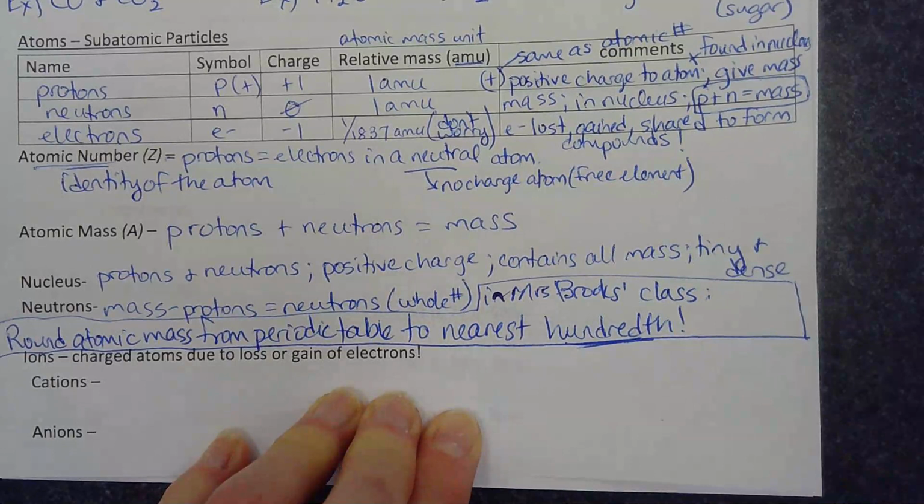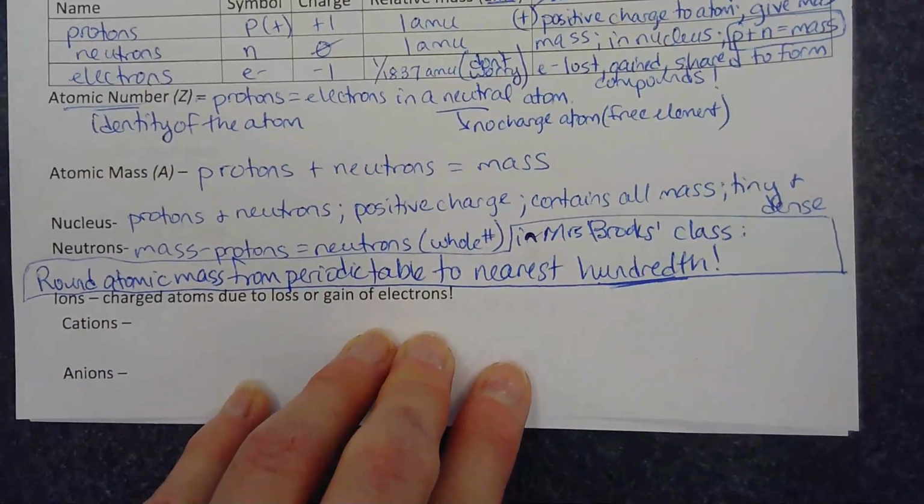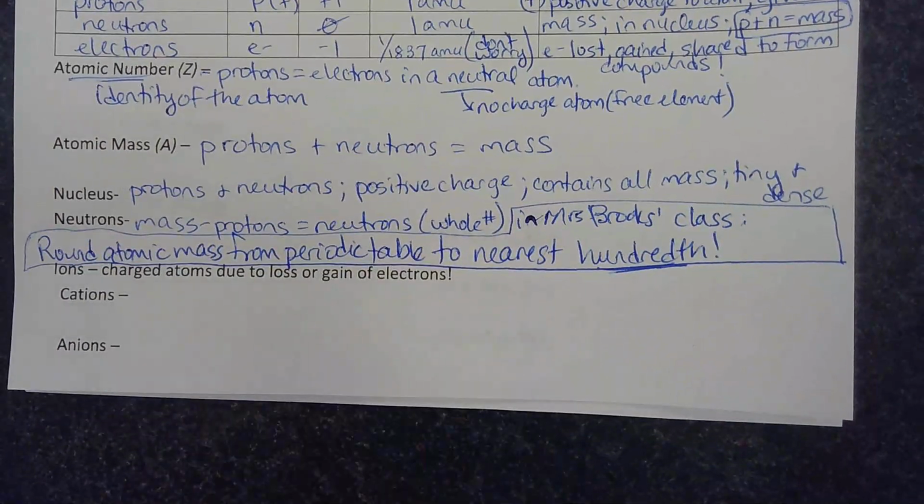That's my class; other classes may tell you to do something different. I'm telling you, round atomic mass, when you get it from the periodic table, to the nearest hundredth. By doing that, we all get the exact same number, rounding properly.